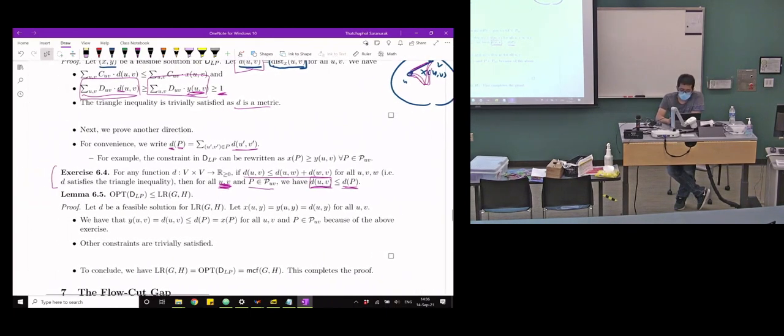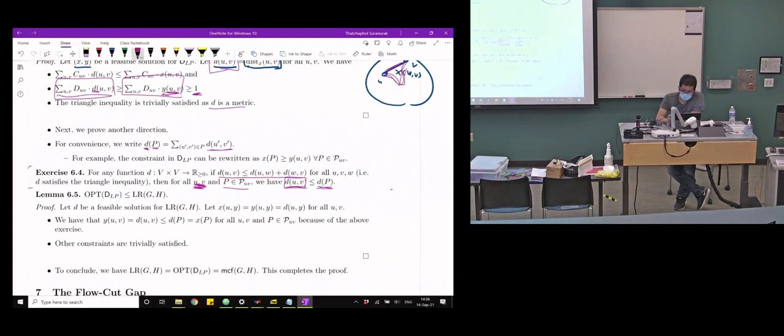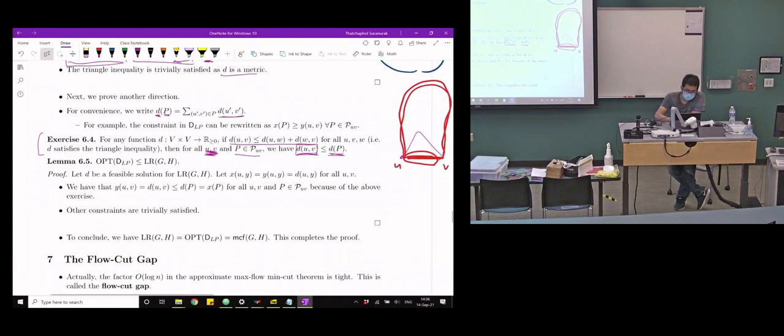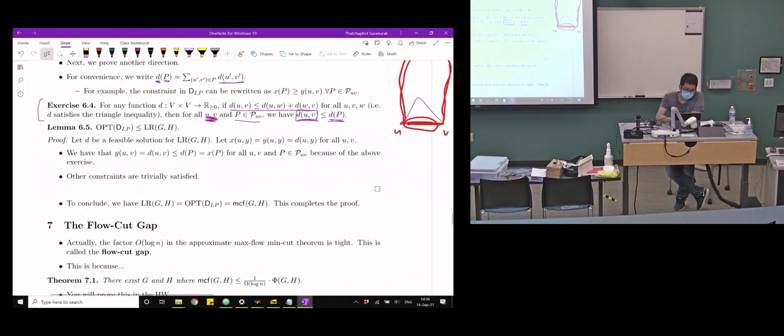You can try to prove this. If you satisfy the triangle inequality, then if you look at any path like this, you used to have that this thing is at most this, but now this thing will be at most the total length here too. Just some fact that we will use. And now, let's prove this.